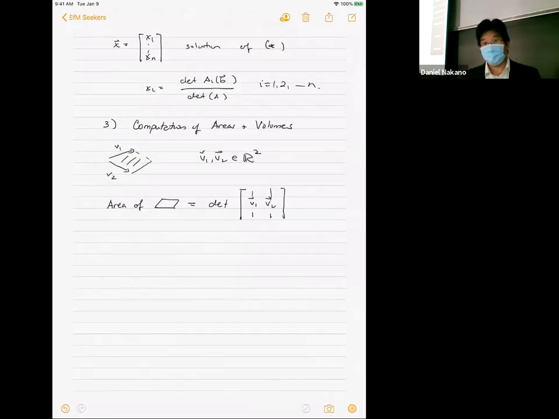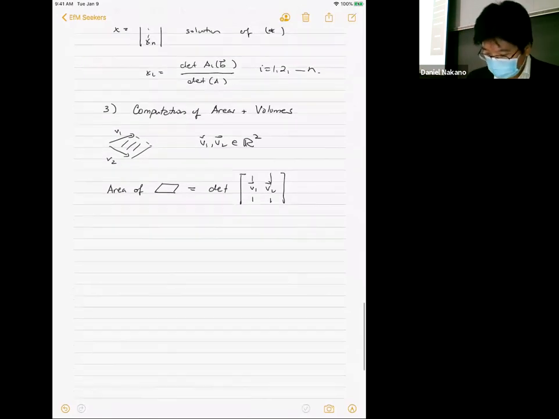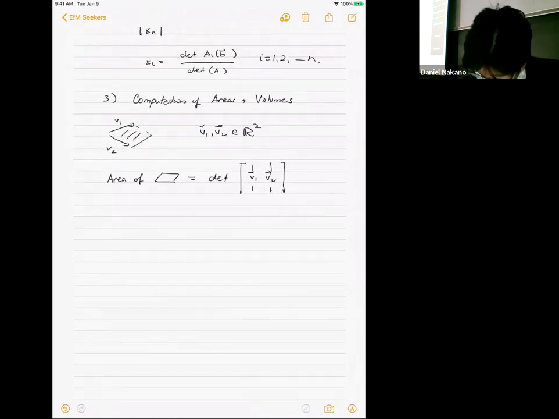Okay, so they're just vectors in the plane. And I just put the vectors down the columns of the matrix, and I take its determinant, and I get the area of this parallelogram. Okay, now, so this is the two-dimensional example here.